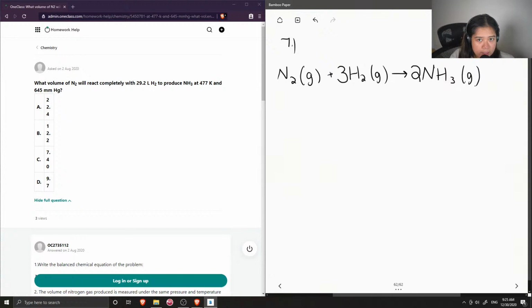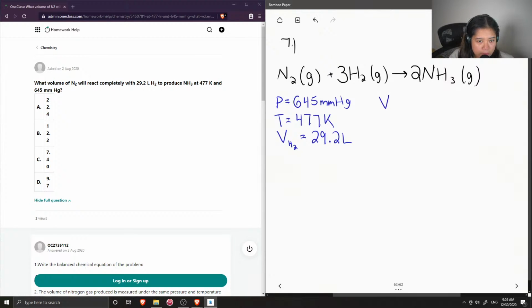Okay, so the question gives us pressure and temperature. I'm going to write them down just for the sake of writing it down. And they give us the volume of hydrogen, which is 29.2 liters.